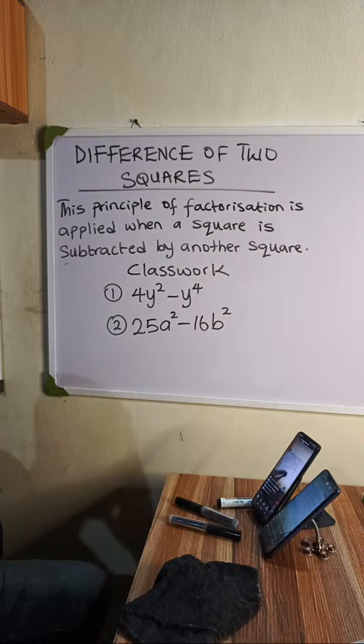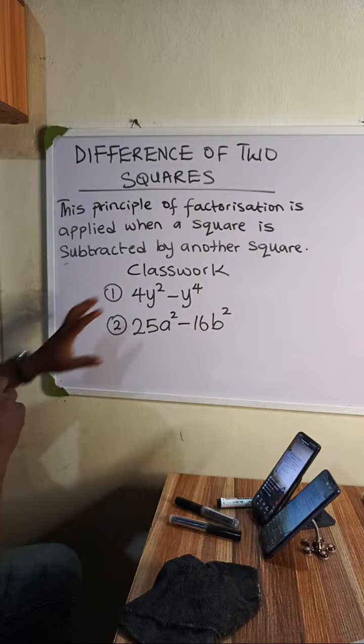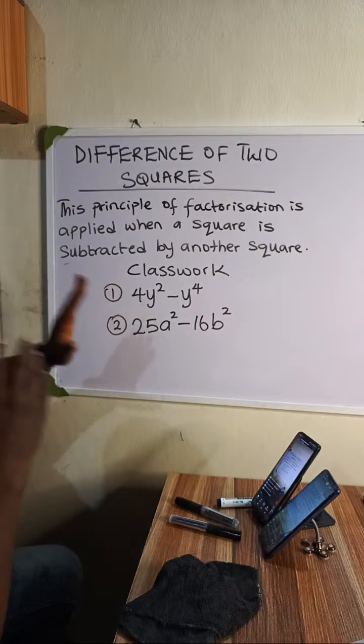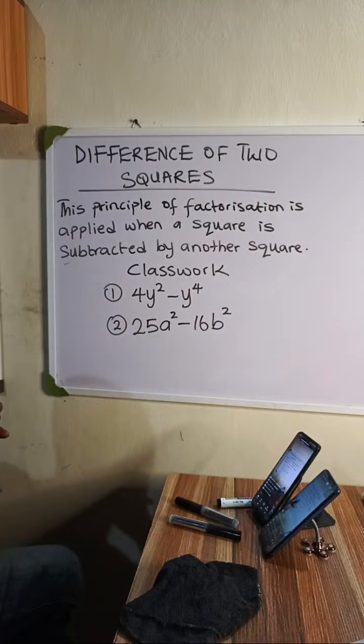Oh, okay. Yeah, but Nuri has done brackets now. Nuri, I think that was fast, but I don't think that's the correct answer. Remember, in these questions, you have to apply difference of two squares. These questions involve difference of two squares.